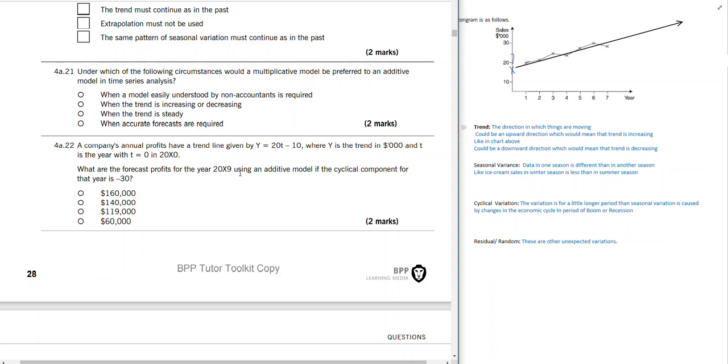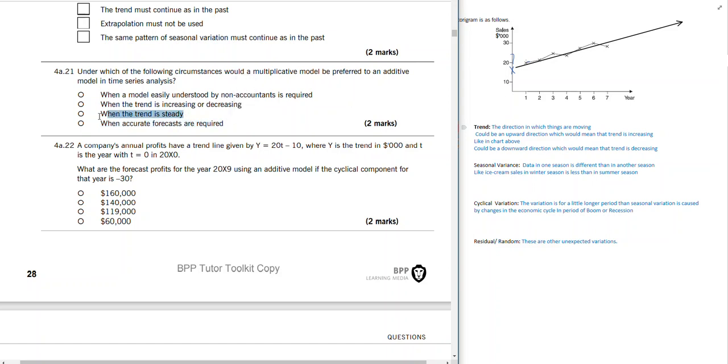Under which of the following circumstances would multiplicative model be preferred to additive model in time series? When a model easily understood by non-accountant is required. So we want to use multiplicative rather than additive. So in which situation would we use multiplicative? When trend is increasing or decreasing, when trend is steady, when accurate forecasts are required.